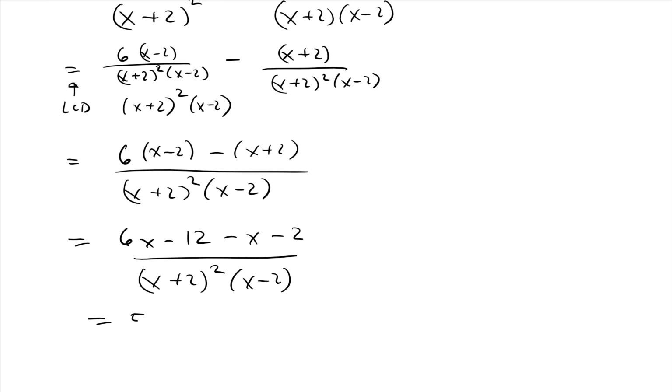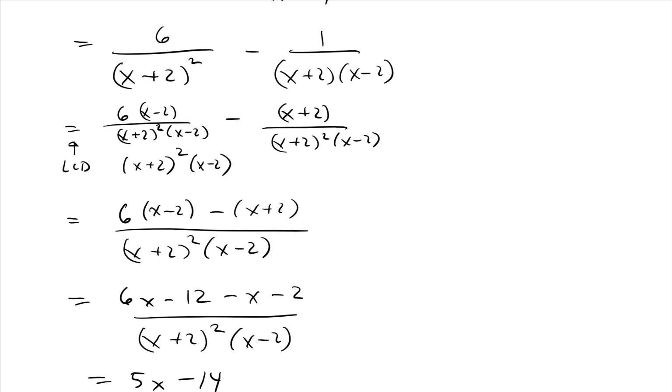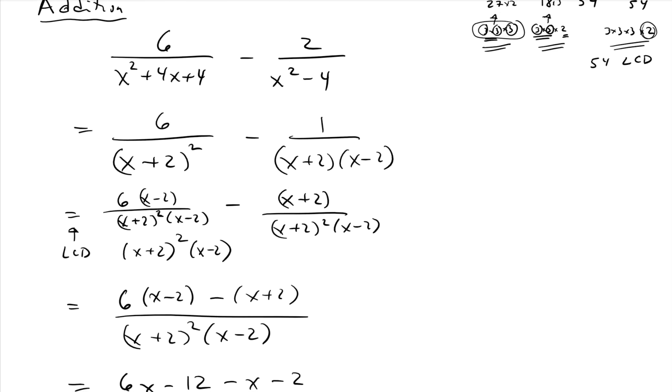So 6x, that's 5x minus 14. Feel like I've done something wrong somewhere. Let me check. Okay, I got it. Just forgot that 2 here. Somehow it got changed to a 1.